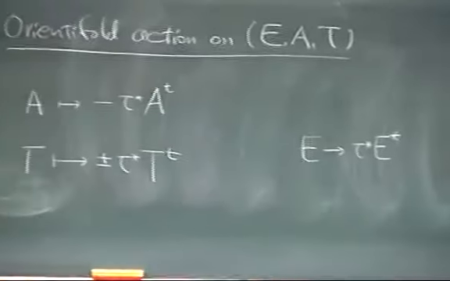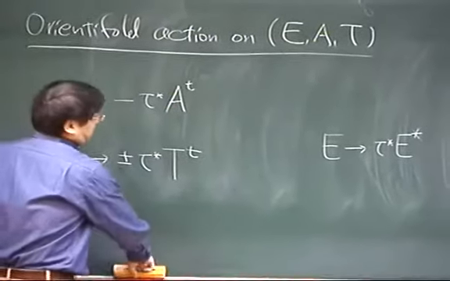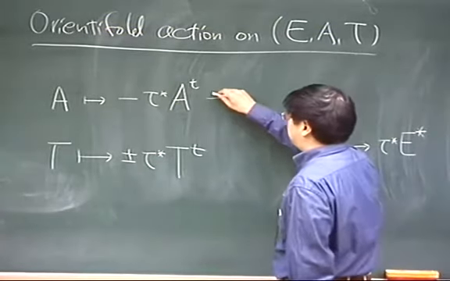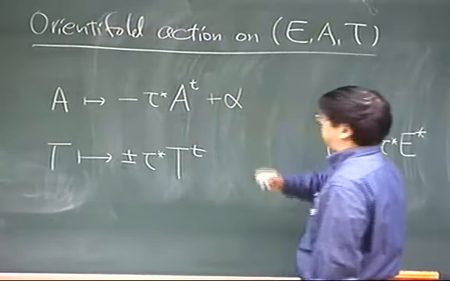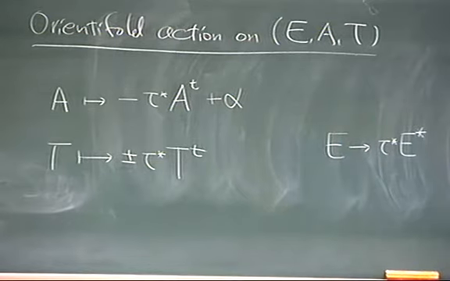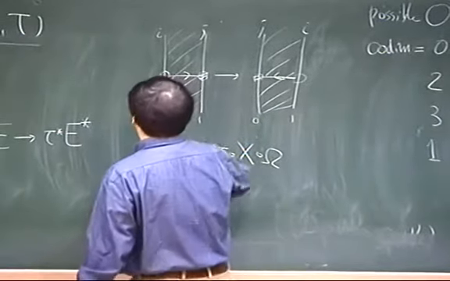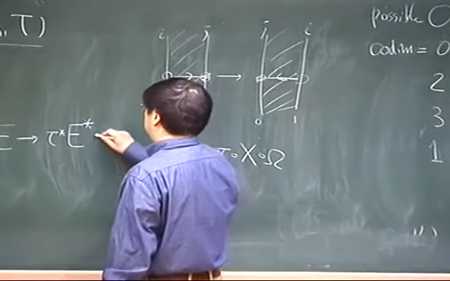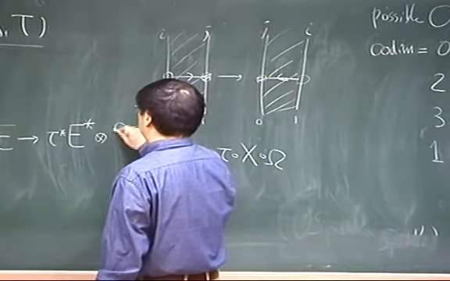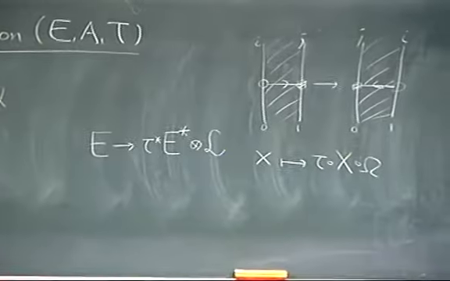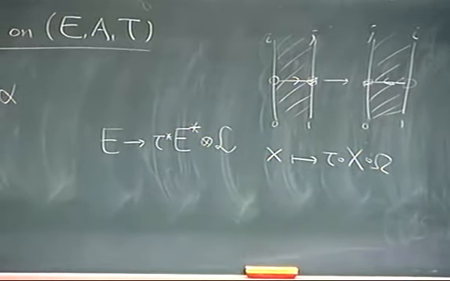But there is something else you can do, or actually sometimes you are forced to do. It is to shift the gauge field by another gauge field, which is the gauge field of a U(1) connection, a connection of a U(1) line bundle, so tensor with some line bundle L. That's the natural thing you can do.